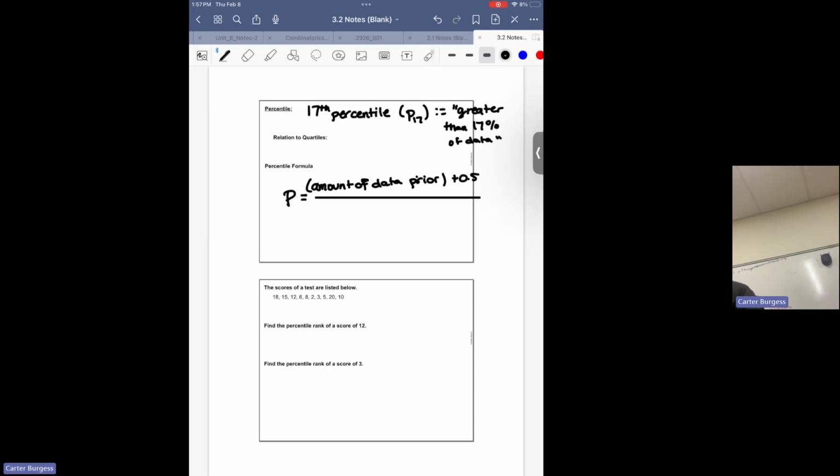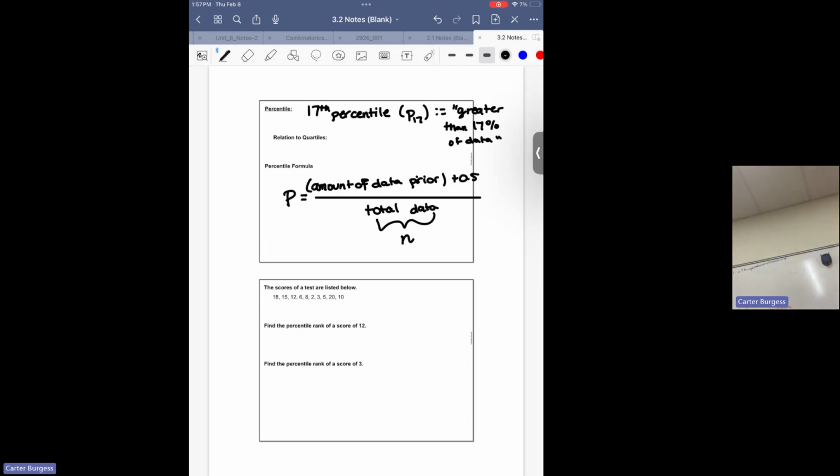And then you divide by the total, which is the same as n. The 0.5, again, is just to account for the fact that we might not be perfectly right at this value. Maybe we're in between two values. So that 0.5 is basically that slight adjustment that you see.